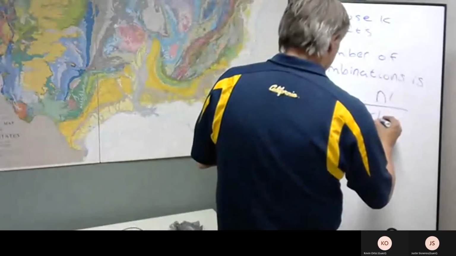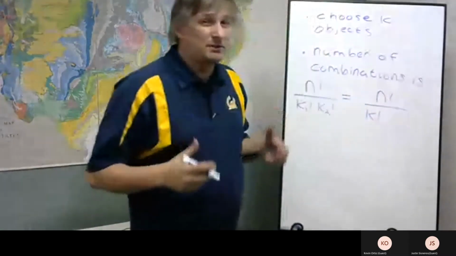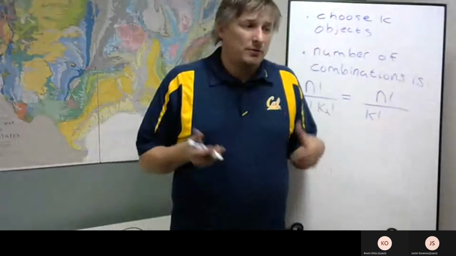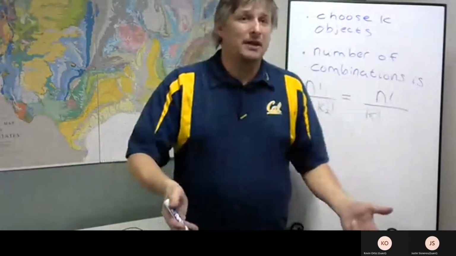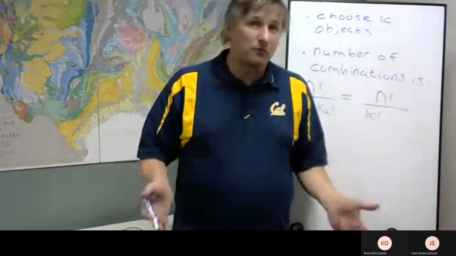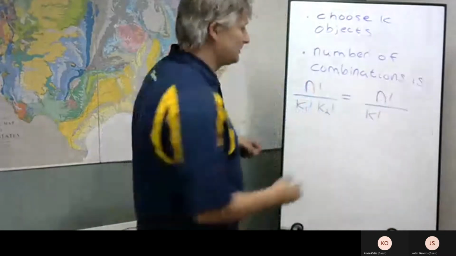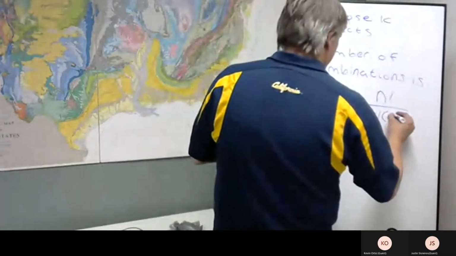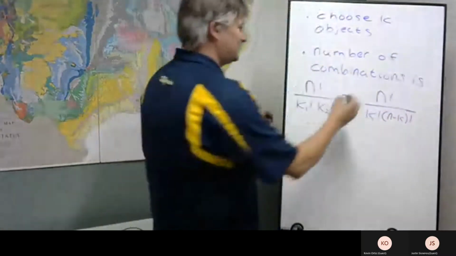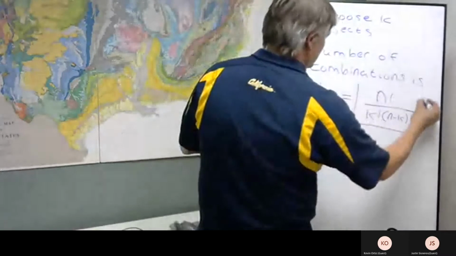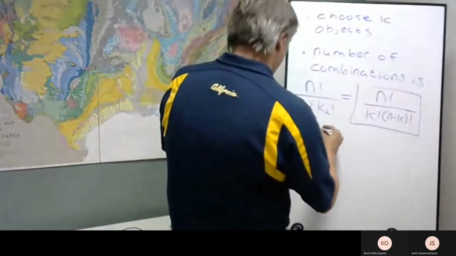Then how many objects did we not choose? Well, the number of objects we didn't choose would be n minus k. That's how many objects are left over. And so that means we're going to have this. This is the formula we're going to use.